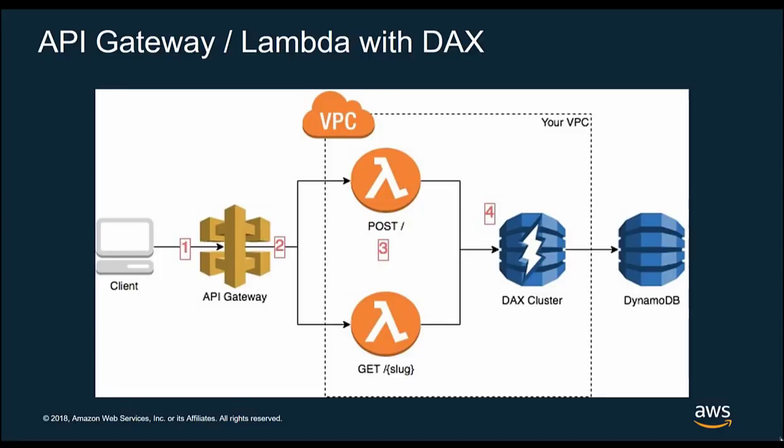And so this gives you that high durability of having the data actually stored in DynamoDB, but it offloads a lot of those reads from DynamoDB, which can then lower your cost and also increase the read throughput and lower the latency by serving those hits up out of memory in the DAX cluster back to your Lambda application directly.